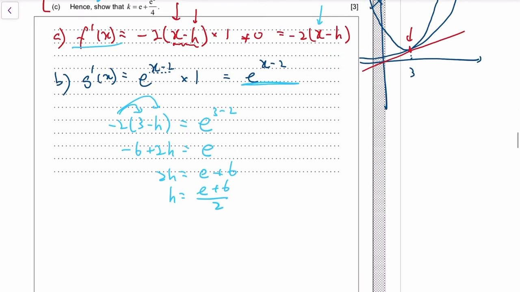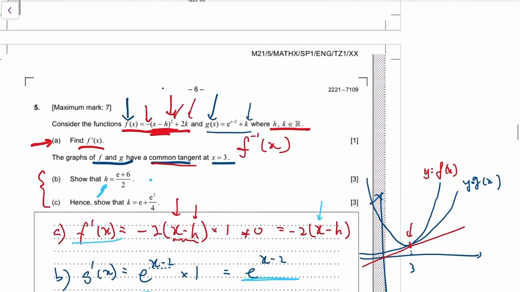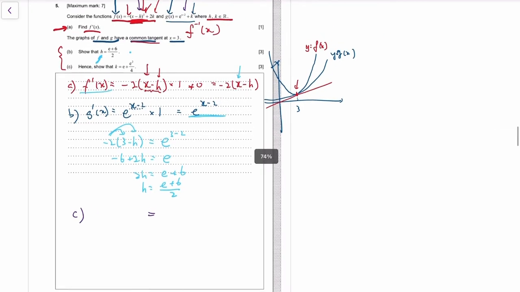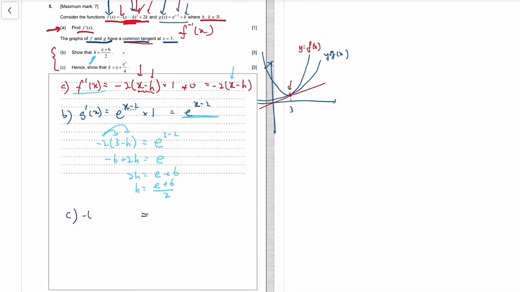And C should be easy. It's the fact that the y coordinates are also the same when x is 3. That means we sub x into each of the functions. Alright, I can't see the function anymore. -3 minus x squared plus 2k would be the same as e3 minus 2 plus k.